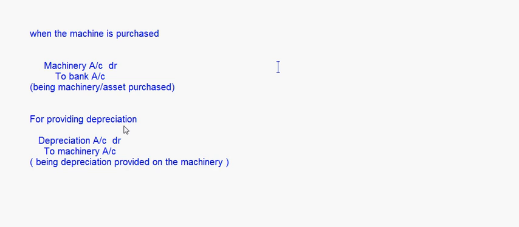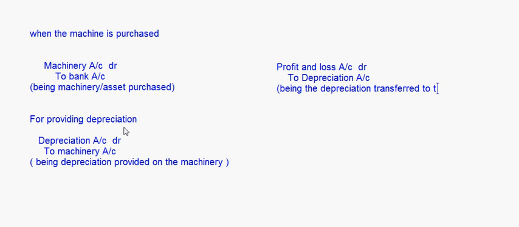Now finally, when this amount is transferred to the profit and loss account, it is profit and loss account debit to depreciation account, being the depreciation transferred to the profit and loss account.